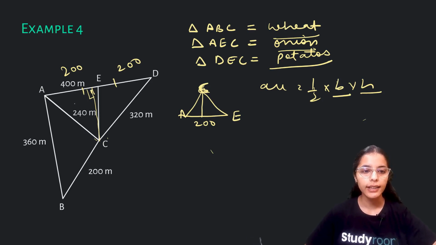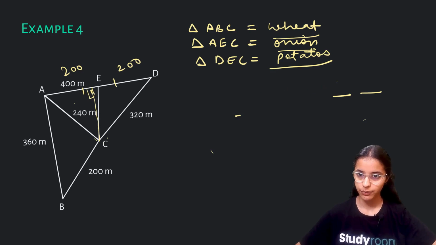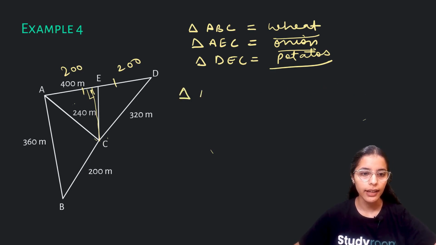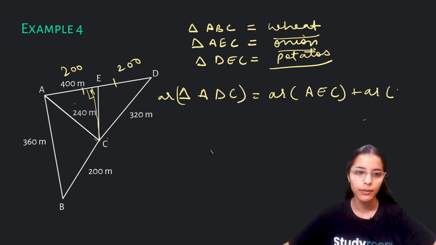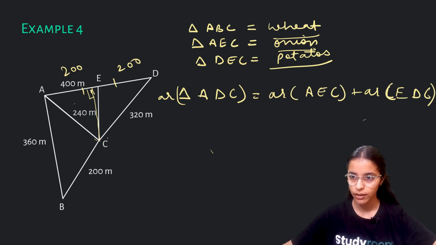Since we know that these two triangles are equal, area of triangle ABC is equal to area of triangle AEC plus area of triangle EBC, right?